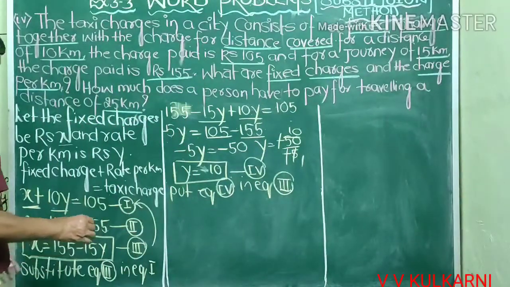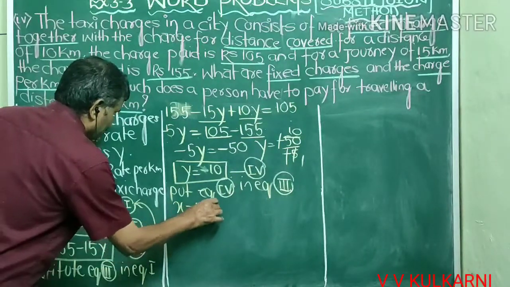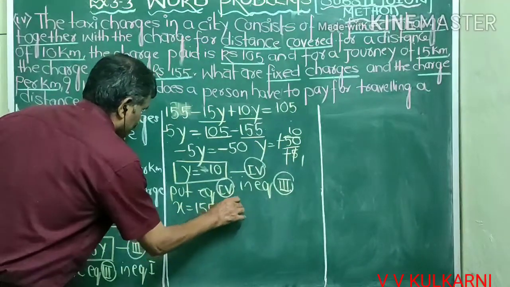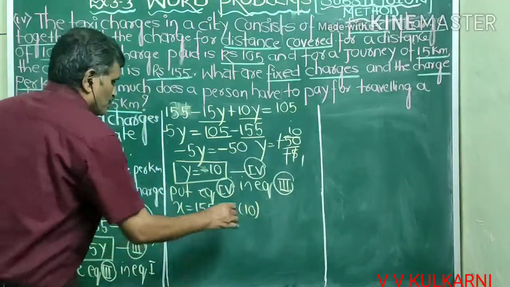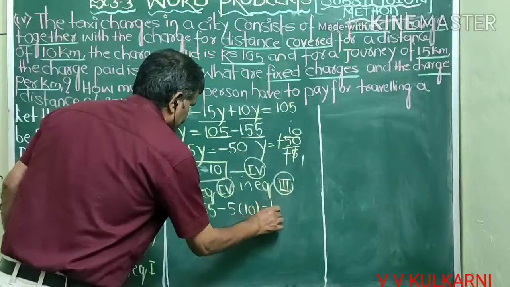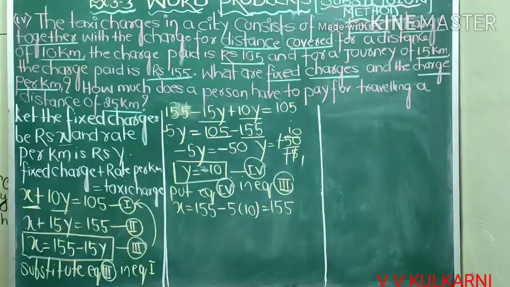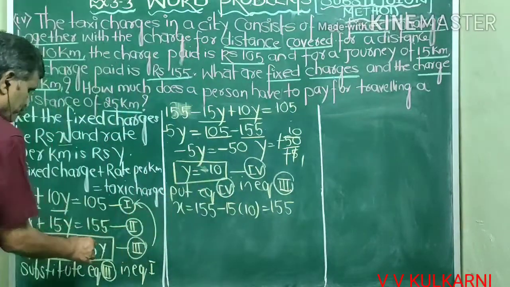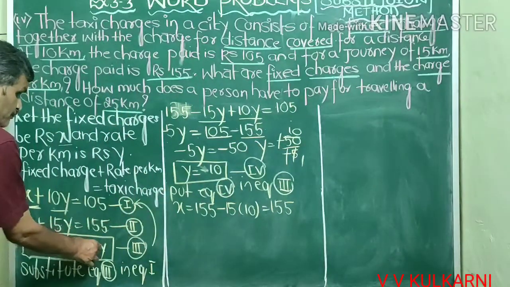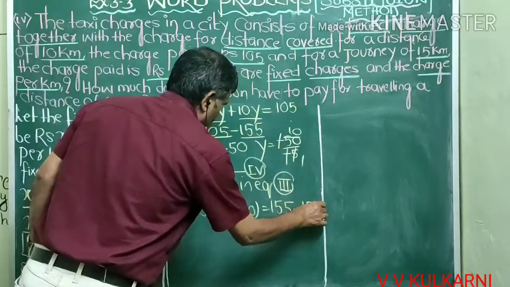If I do that, then x will be equal to 155 minus 15 into the value of y, which is 10 here. So 155 minus 15 into 10, and 15 into 10 is 150.